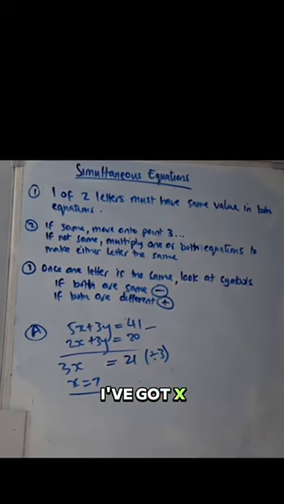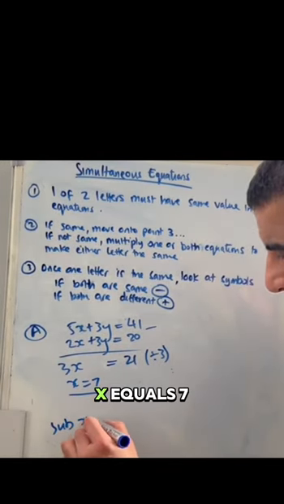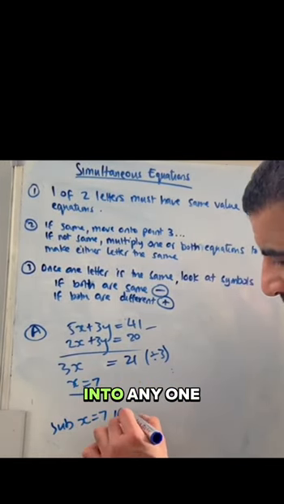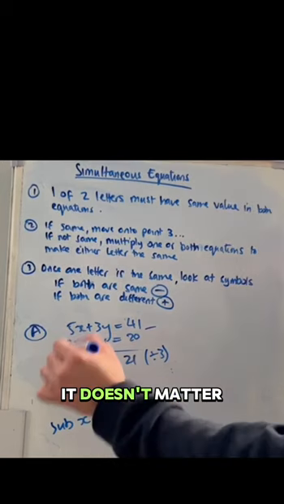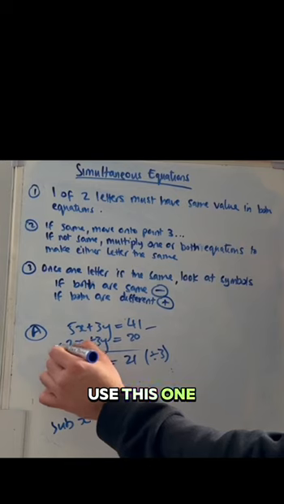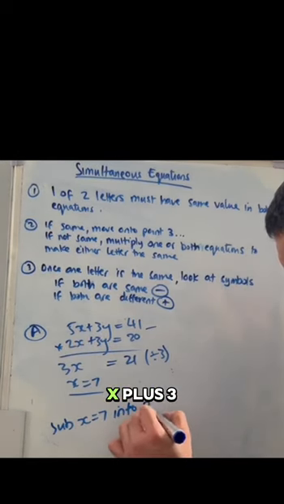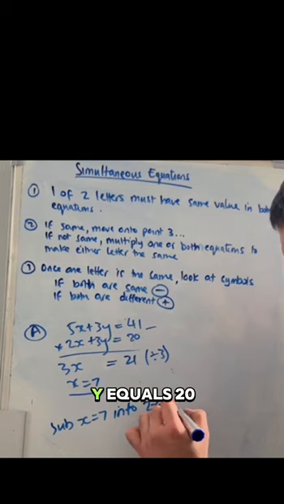Now that I've got x, I'm going to use my value of x to find my value of y. I'm going to substitute x equals 7 into any one of these equations. It doesn't matter which one, the answer should be the same. I'll use 2x plus 3y equals 20.